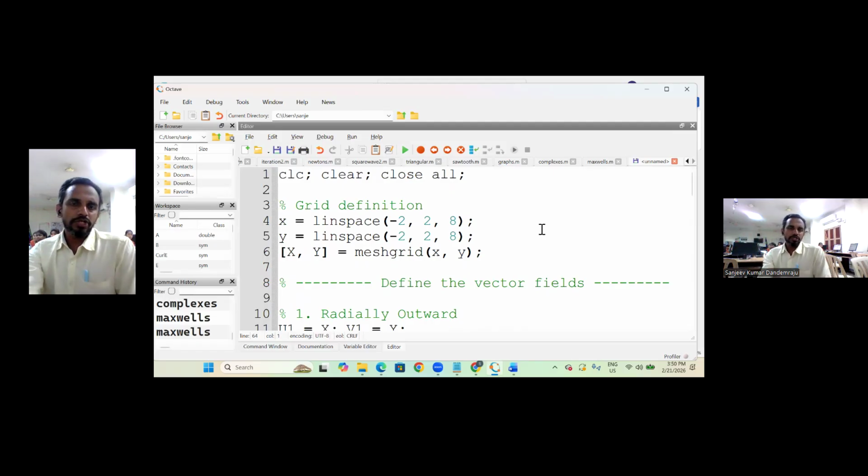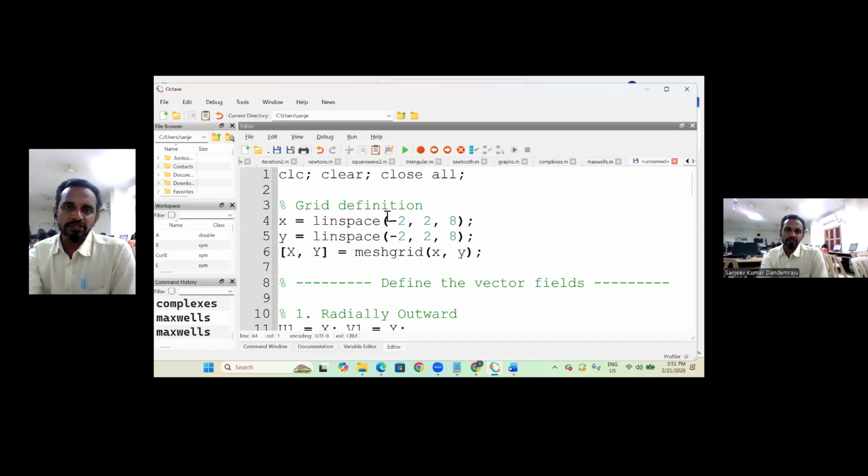Okay. So here I'm defining a grid of range starting from -2 to +2 with 8 subdivisions. I'm defining a grid along the x-axis starting from -2 up to +2 with 8 subdivisions, and along the y-axis also -2 to +2 with 8 subdivisions.